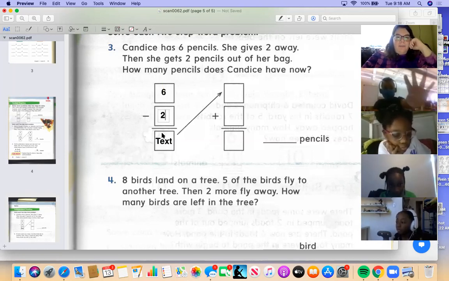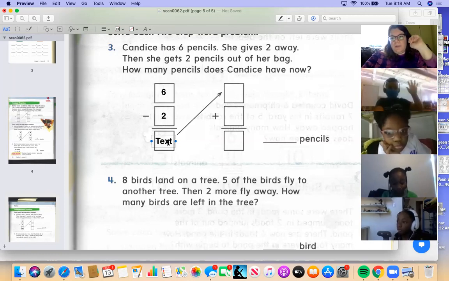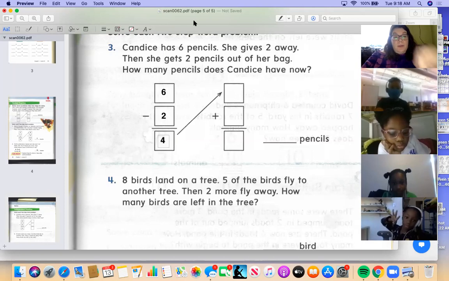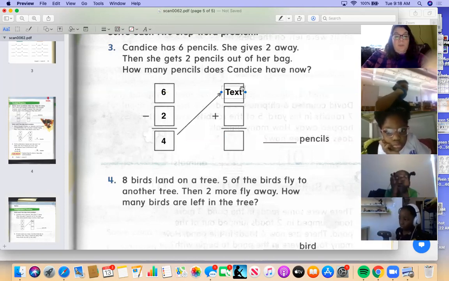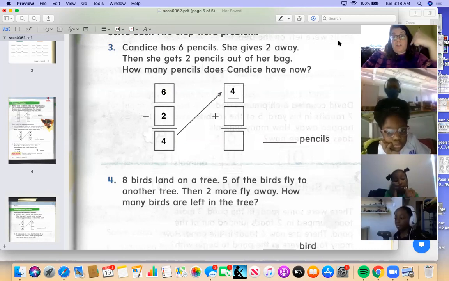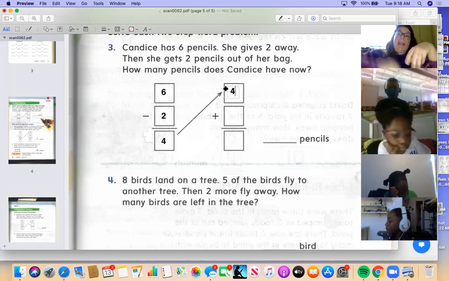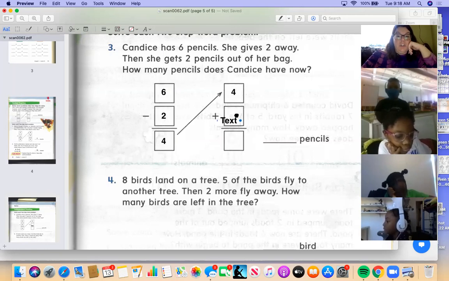How many does she have left, Andre? You can show me with your fingers. 4. She's got 4 left. So that's going to be the start, because that's what she has now. Now she has 4 pencils. It doesn't say that in the problem because we just figured that out. She gets 2 out of her bag, so we are adding 2.